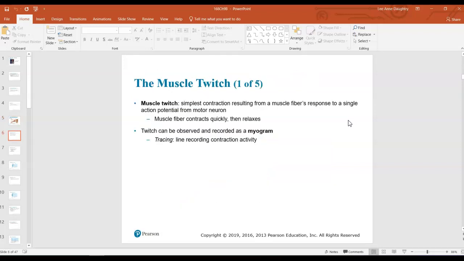And then a muscle twitch is just a simple contraction. It's the contraction that results from the response to a single action potential from the motor neuron. So it's like a quick contraction and then a relaxation.